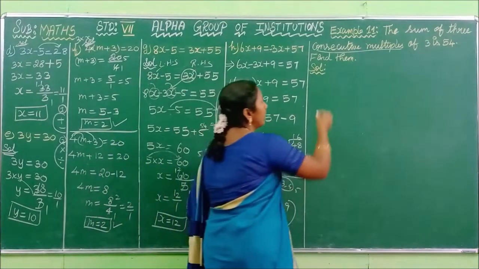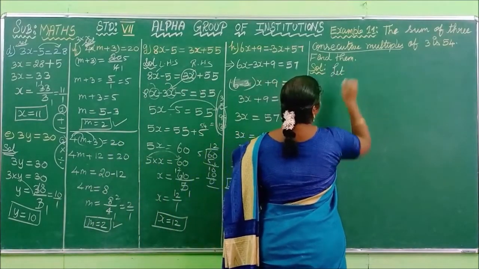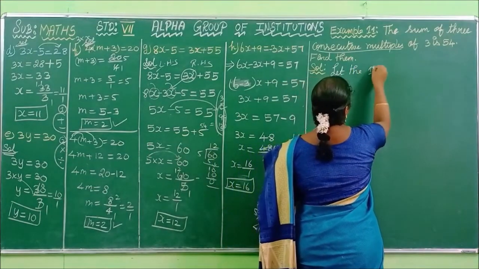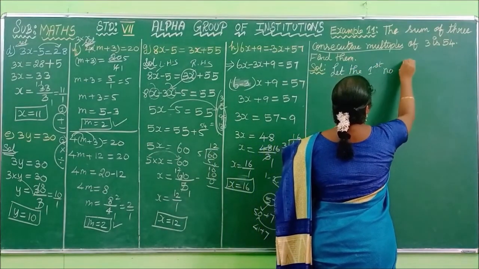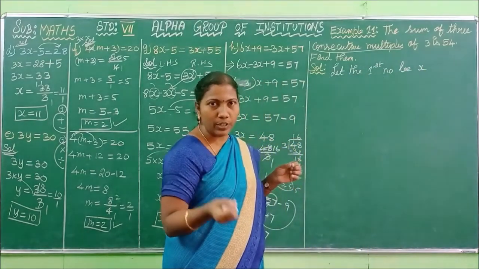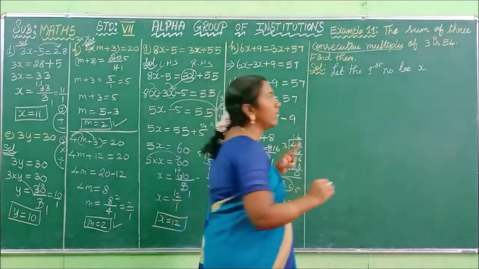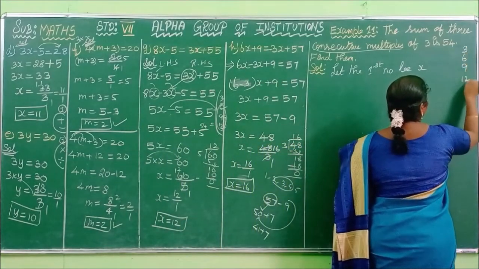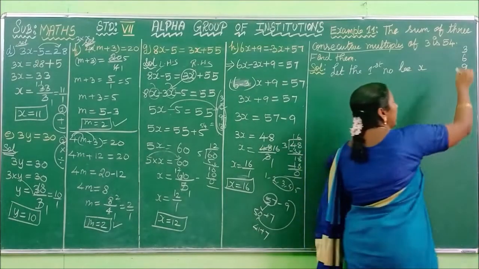Okay. First step, we are usually taking the unknown thing as variable x. Let the first number be x. Since it is a multiple of 3, what should be the second number? See here, multiples of 3 always differ by 3. Here we have 3.